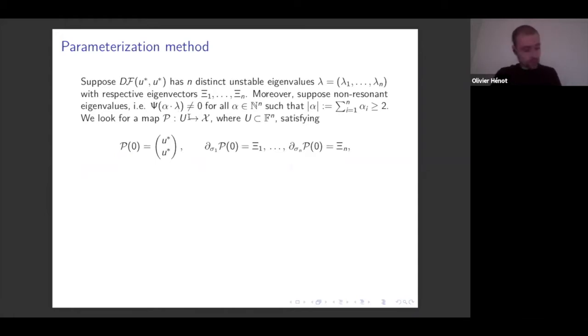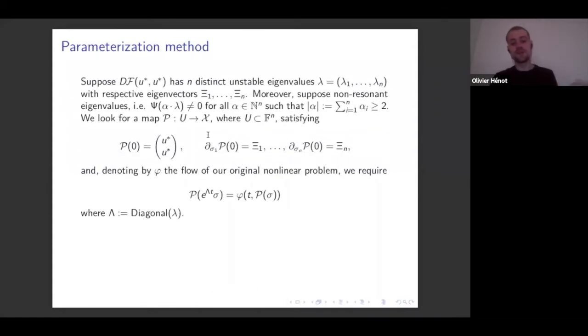We're going to look for a map that takes a subspace of, say, we decide to work with real R^n, and we map it to our Banach space. We map the origin to the equilibrium, and we ask that the tangent space at this point is essentially the unstable space.